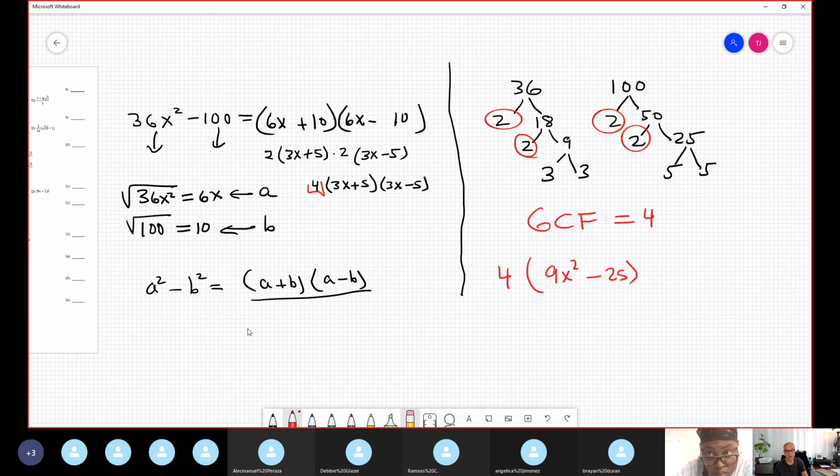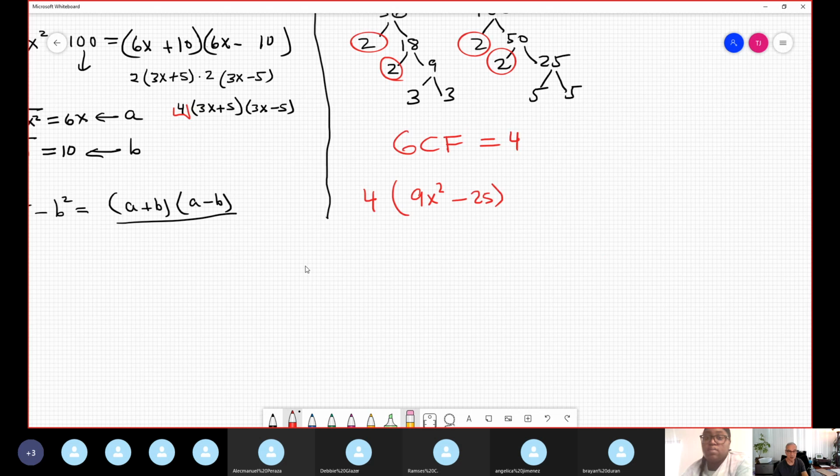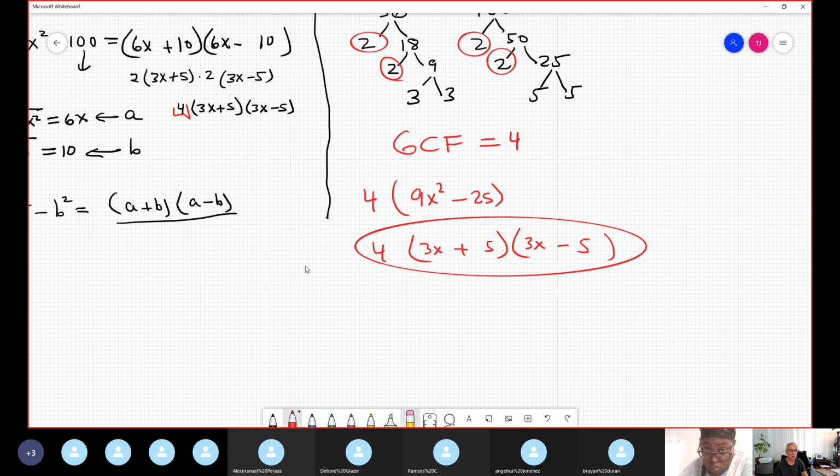Now we can see again it's a difference of squares, and the square root of 9 is 3 and the square root of 25 is 5. For the factorization, open two parentheses: the square root of this is 3x, the square root of this is 5, plus or minus. And we get exactly the same answer. This answer is equal to this answer.